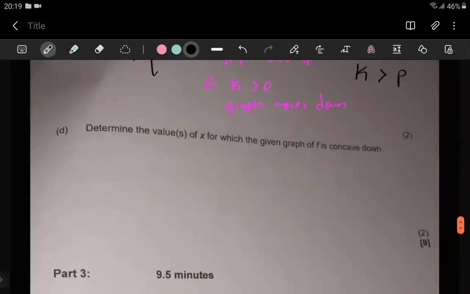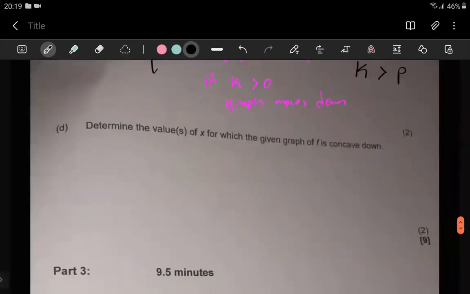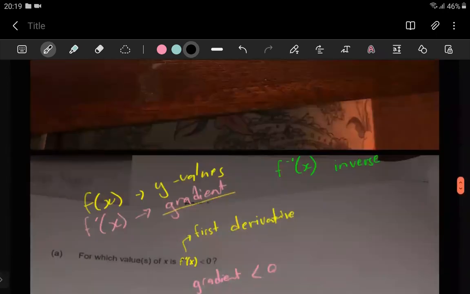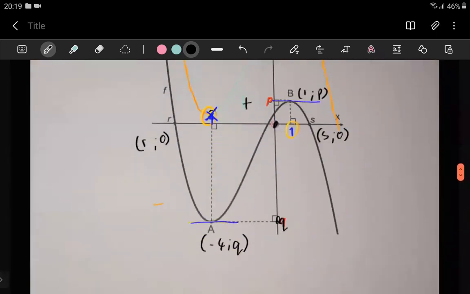So the next one says determine the values of x for which the given graph of f is concave down. Remember, concavity is all based on you having to firstly know where the graph is changing concavity.